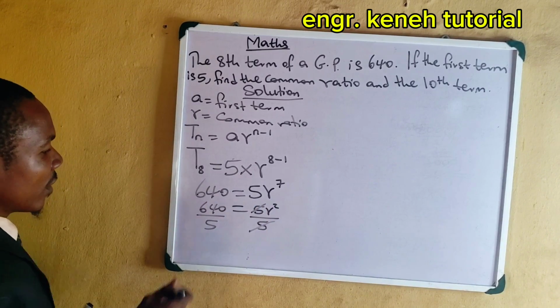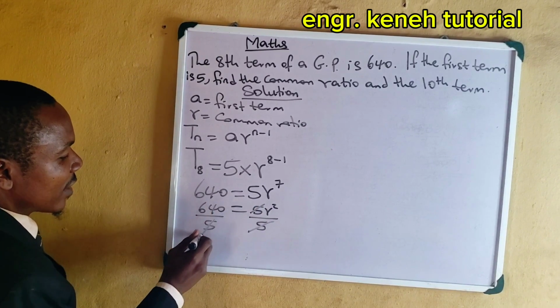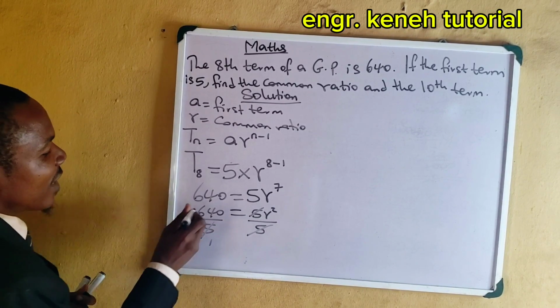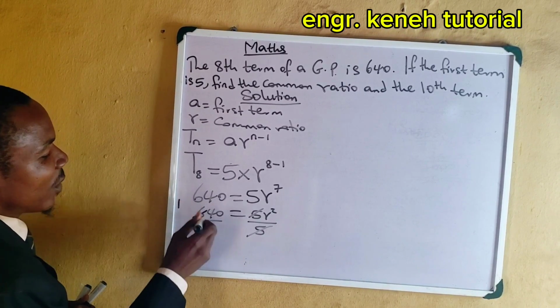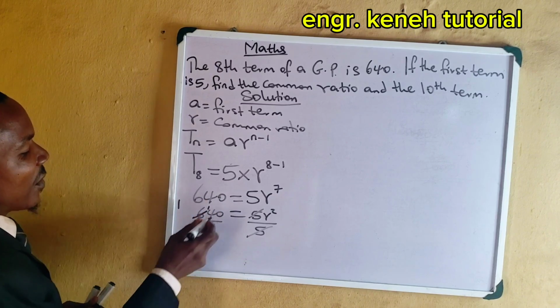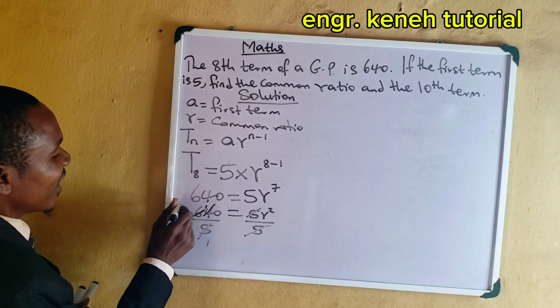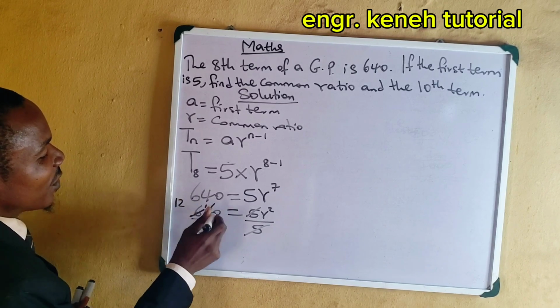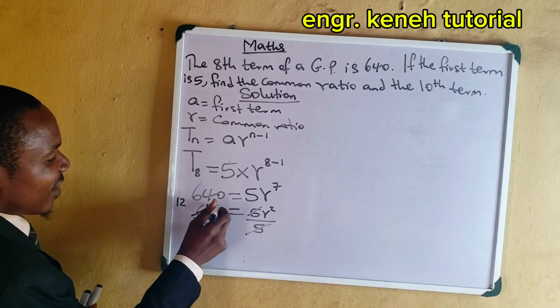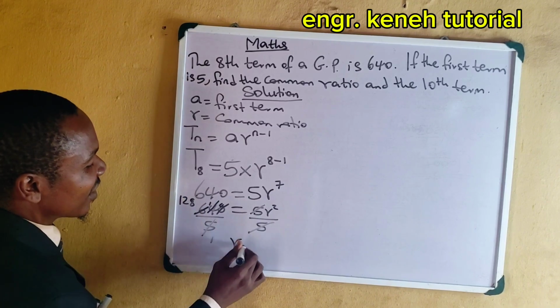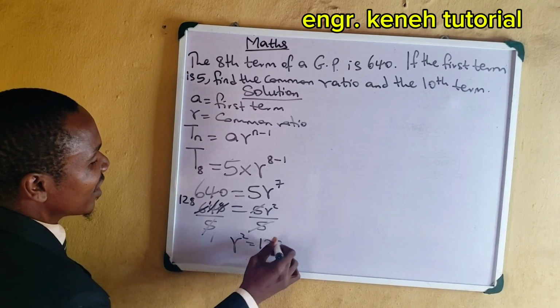Now 5 divides 640: when 5 divides 6, you have 1, remainder 1. Put here, you have 14. When 5 divides 14, you have 2, remainder 4. Put here 40, and when 5 divides, you have 8. Can you see? You have that r raised to the power 7 is equal to 128.